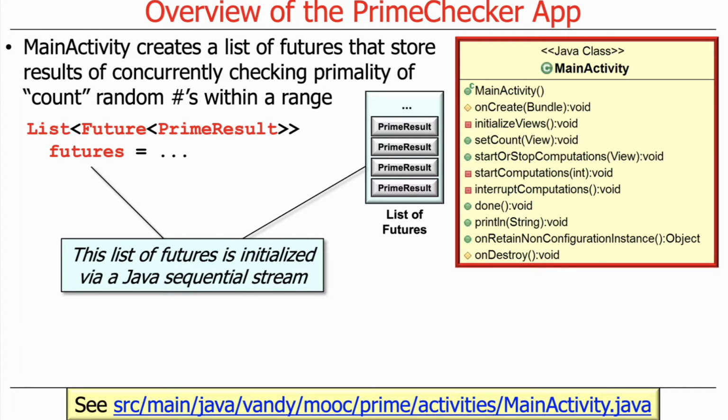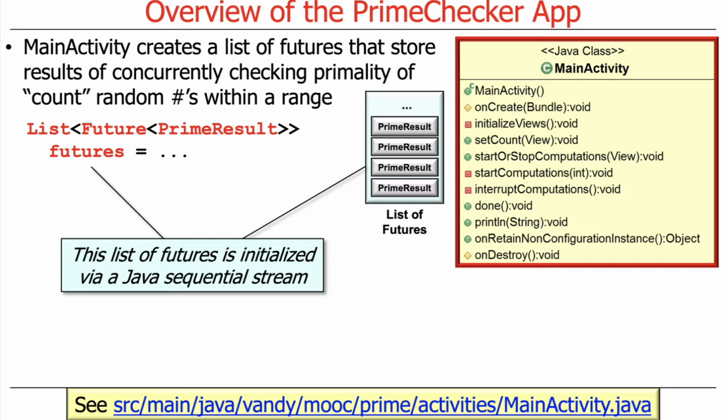The other thing we're going to have here is a list of futures to prime results. What the heck is that? So if you recall when we talked about the interface for ExecutorService, we talked about how you could submit a task or a group of tasks. And what you get back when you submit a task is a future to the result. And that's because the computation is going to run independently of whatever it is that you're doing.